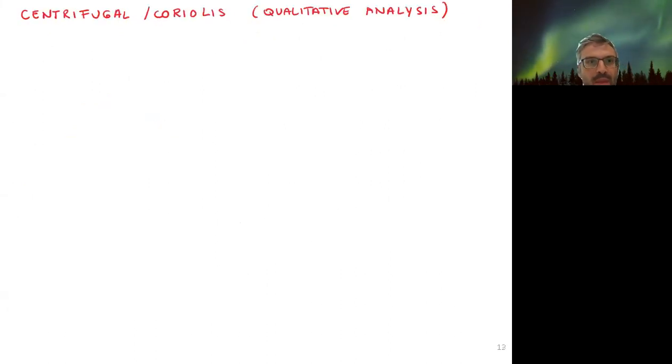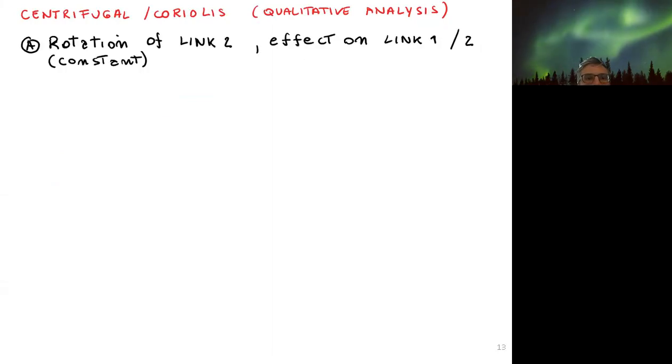Now the Coriolis and centrifugal force vector: we do just a qualitative analysis here. I will report the final expression, and you can find the derivation in the Siciliano book. What is interesting is to understand what these forces are. We said that they are fictitious forces.